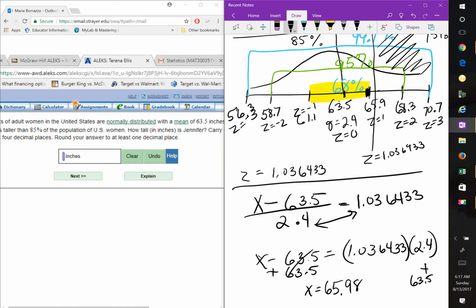They want you to round this to, I believe, the first decimal place, which would make that a 0. And so your x value is actually 66.0. And this is the cutoff for that 85th. So in other words, my equivalent number for this z-score is 66.0.